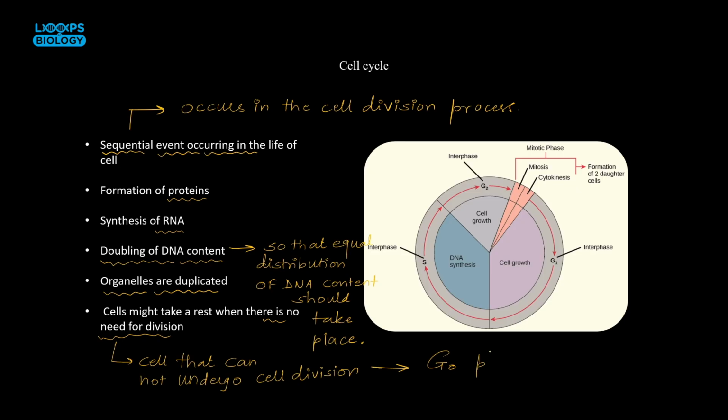That is called the G0 phase. G0 phase is also called the resting phase, and some literature calls it the quiescent phase. So there are three names for when the cell is not undergoing cell division: G0 phase, resting phase, or quiescent phase.